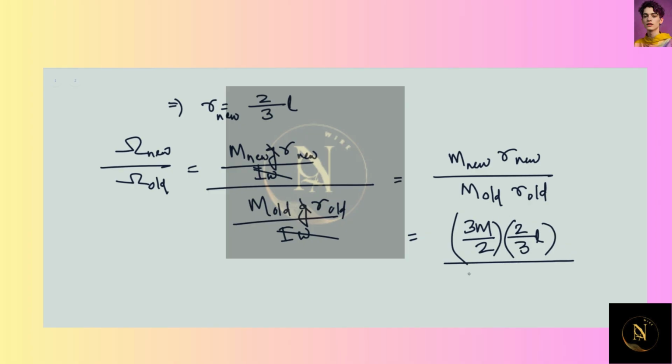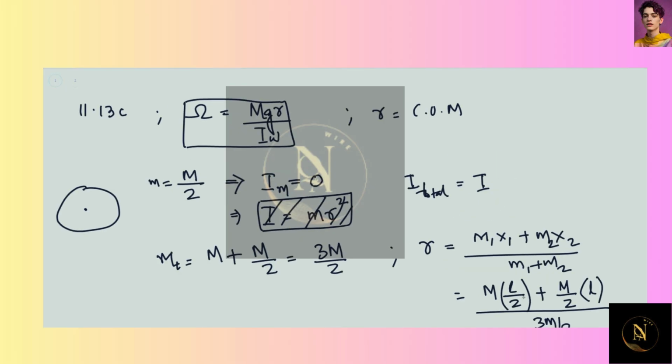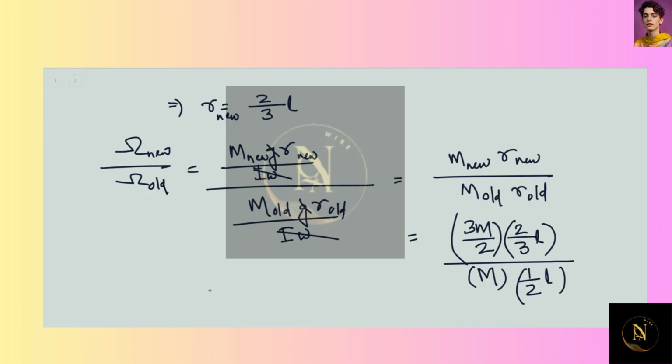And m old is just the mass of the wheel before the small mass was added at the center, so this will be equal to just m, and the center of mass of this will be half of L, as we wrote over here. So this gives the ratio of both the precessional angular velocities to be equal to 2.